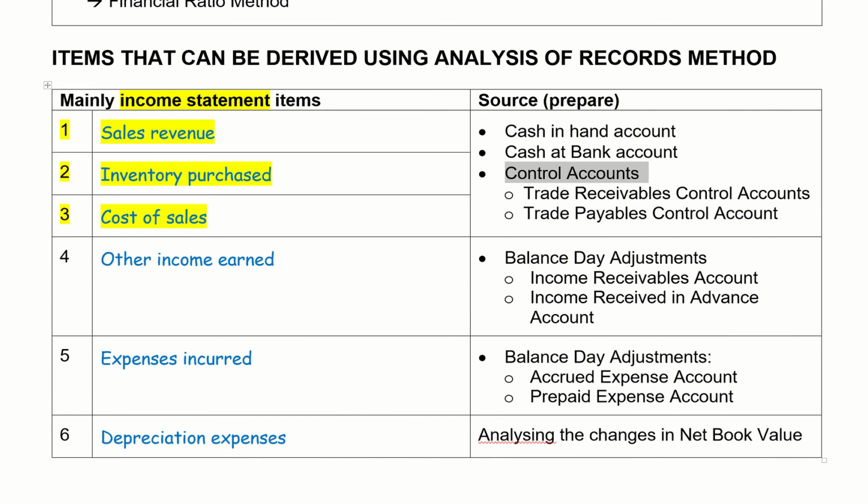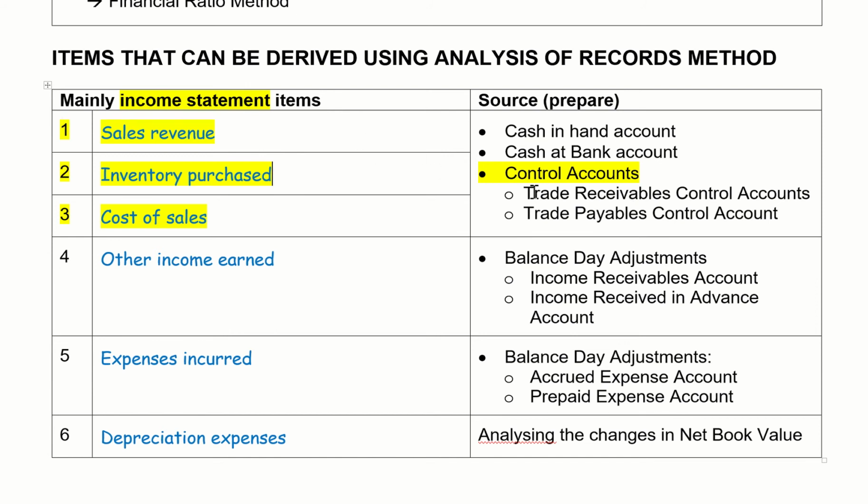And you will also realize that we will be focusing a lot on control accounts. Why do we focus a lot on control accounts? Basically because when we look at sales revenue and inventory purchase, you actually realize that the trade receivables and trade payables control accounts do show these two items.